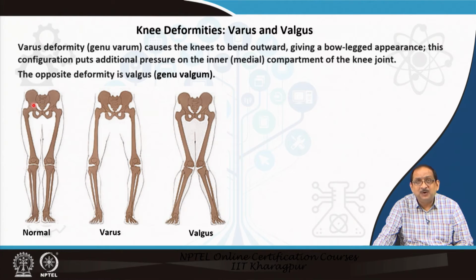A varus deformity causes the knee to bend outwards, giving it a bow-legged appearance. This configuration puts additional pressure on the inner medial compartments of the knee joint. The opposite deformity is referred to as the valgus deformity, where the knees are bent inwards.